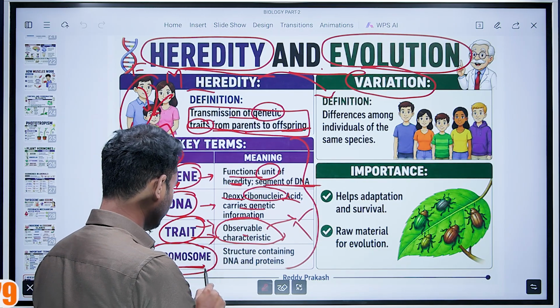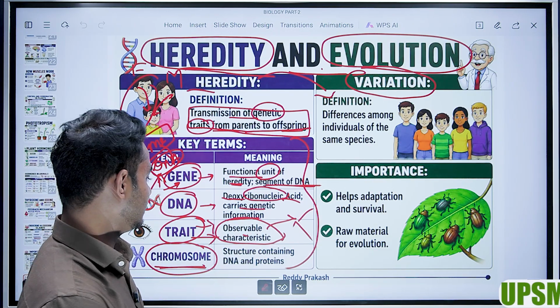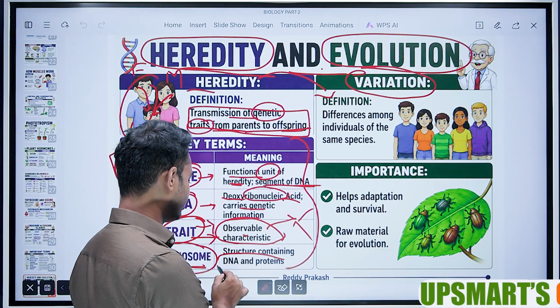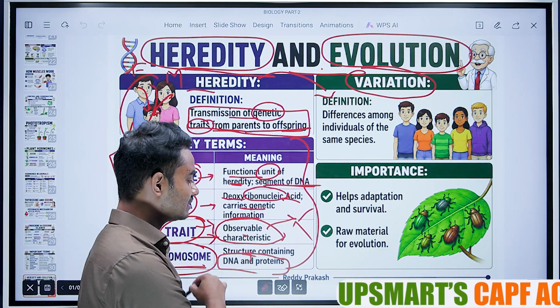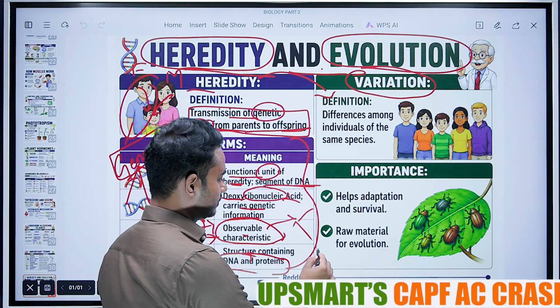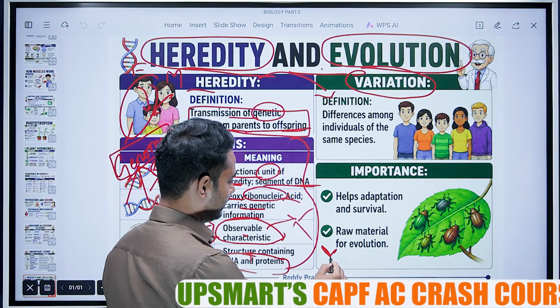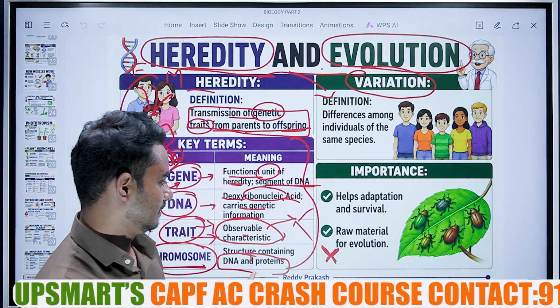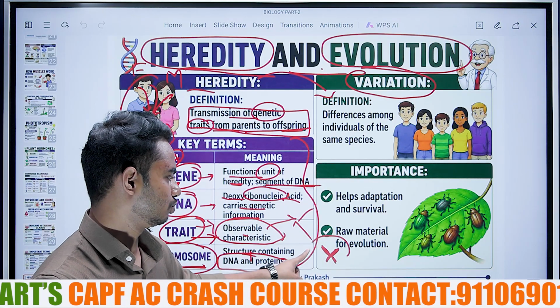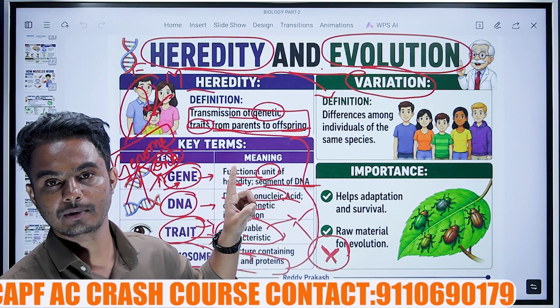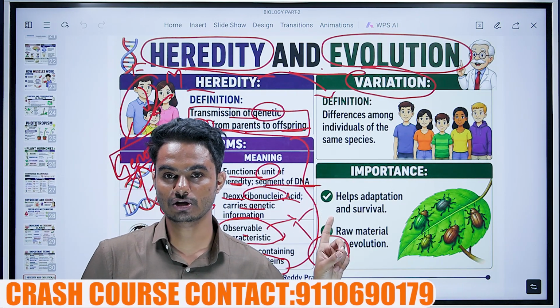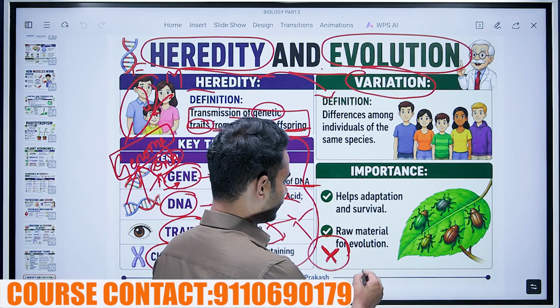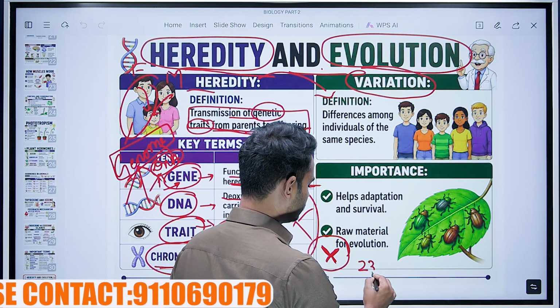Then what is chromosome, sir? Chromosome is the structure containing DNA and proteins. DNA plus proteins make up the chromosome. These are the elements with structure like this. DNA and protein together make up the chromosomes. How many chromosomes will you be having? How many pairs of chromosomes? You will be having 23 pairs of chromosomes.